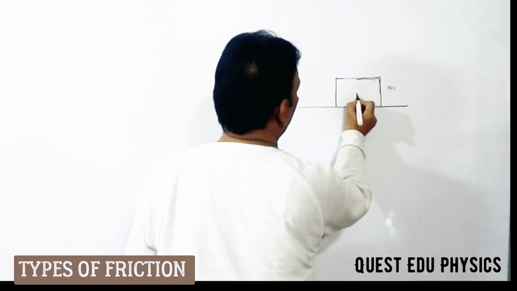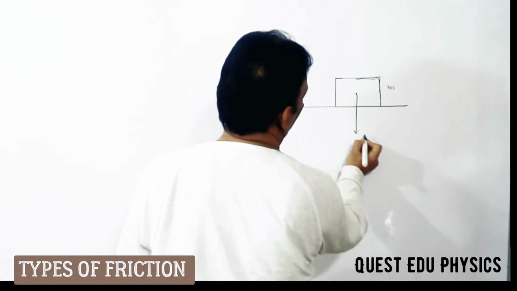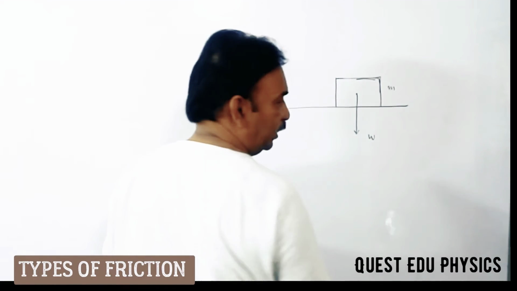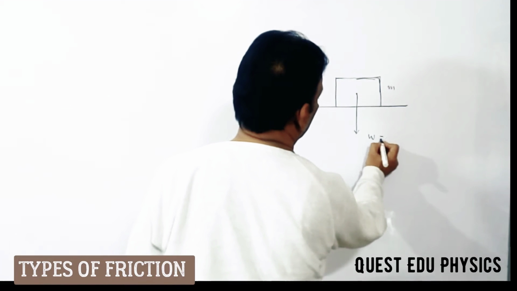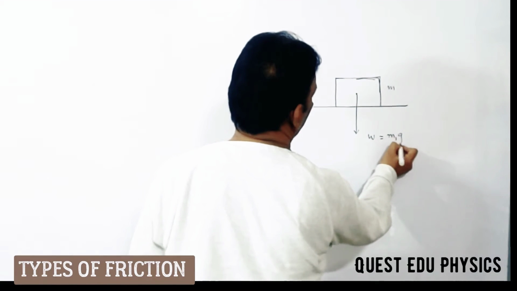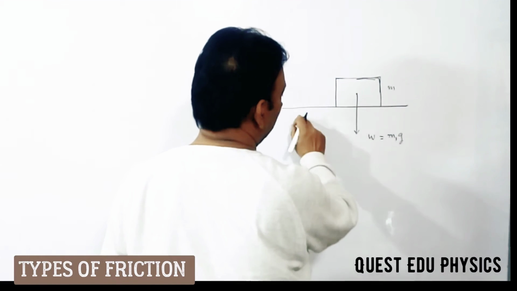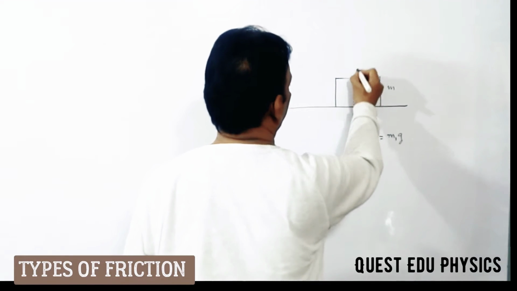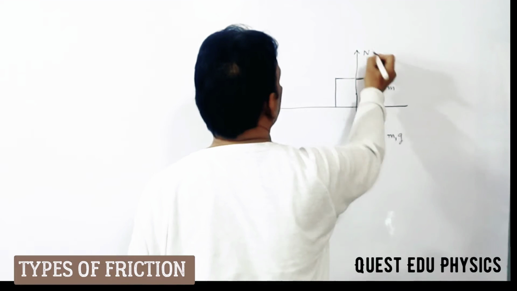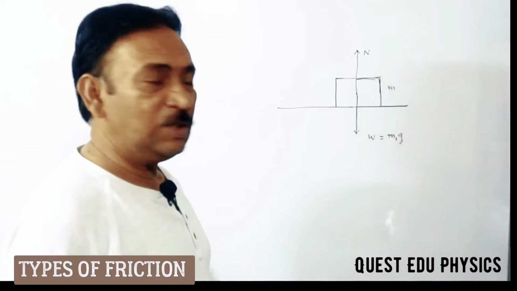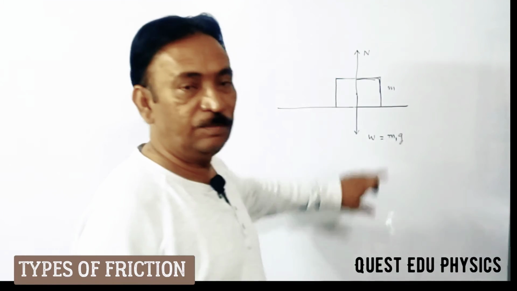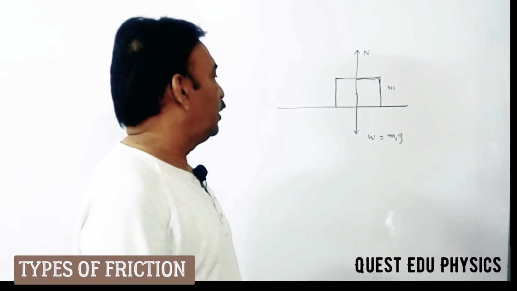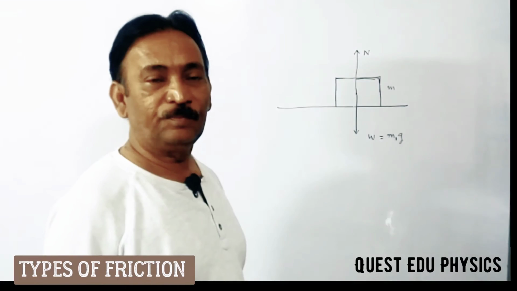Obviously, you would say the weight of the body, which acts vertically downwards, and you know that weight is equal to mg. It is the action acting over the surface, then a reaction will act. It is the normal reaction. These two forces get balanced with each other. That's why we said there is no extra force acting.